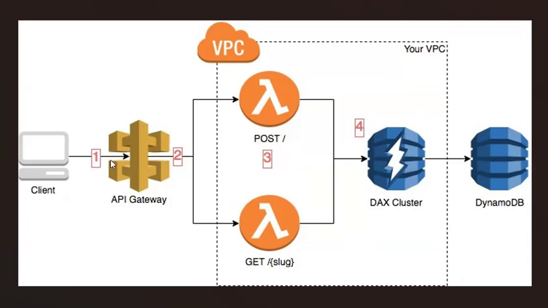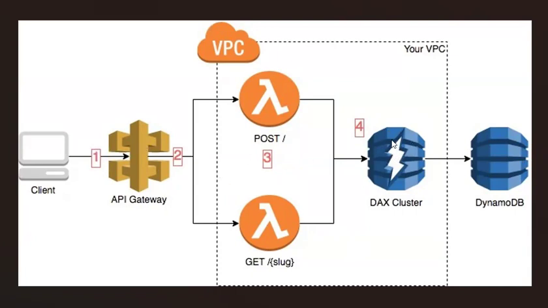If the request is a read request, then this DAX cluster will try to process the request. If it has the data cached, then it will provide the response. Even though it is a read request, if the data is not cached, it will send the request to DynamoDB. From the received data, it will cache the data and send the response.